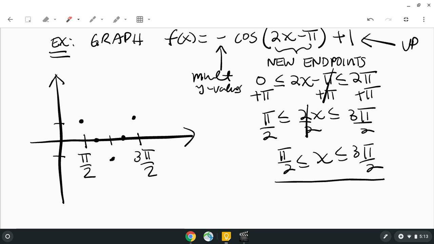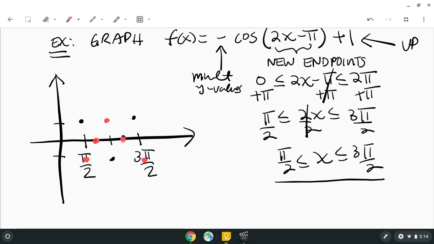Once you have your 5 points set between your new endpoints, then you can go ahead and multiply the y values by -1. And then once you do that, you can take those points and shift them all up 1. So let me get a new color for the y values. This first point, the y value is 1. Multiply it by -1, and it ends up down here.